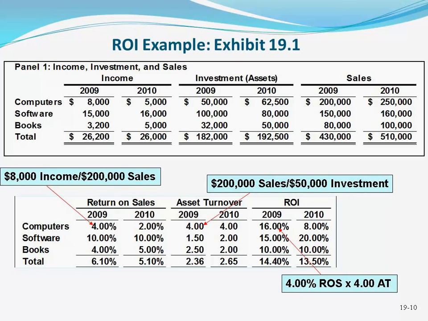For example, you could look at the total average return for the company, and you could see that there's been a decline from 2009 to 2010 from 14.4% ROI total to 13.5%. And you may want to ask yourself, why this decline? Is there anything that happens that I should worry about?